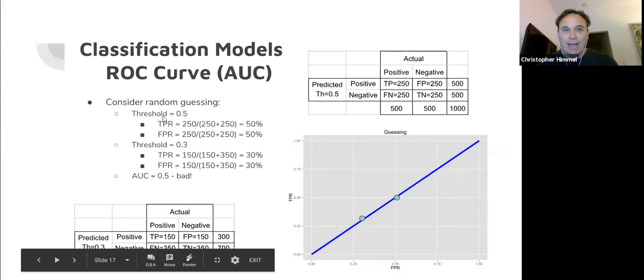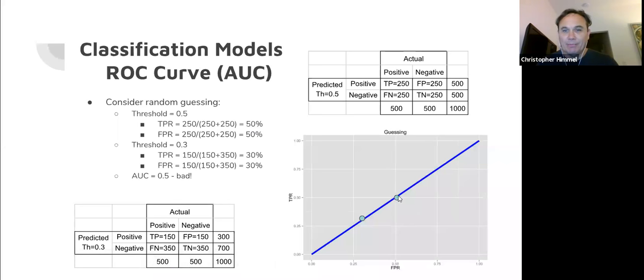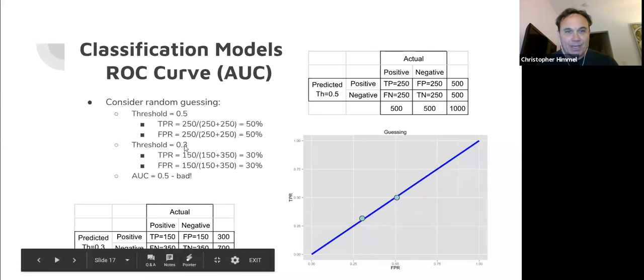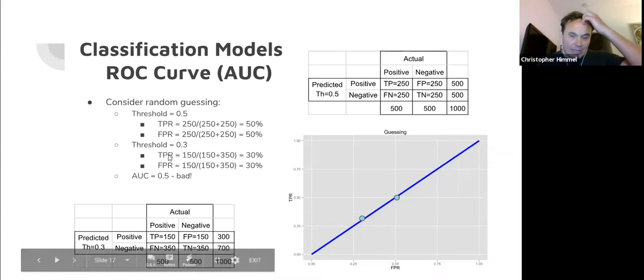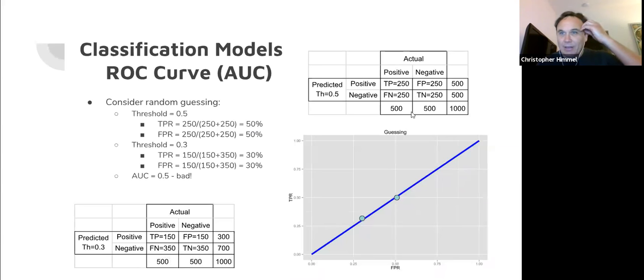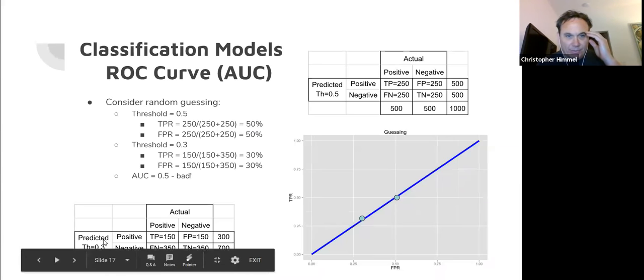That's if I have a threshold, and what you do is you vary the threshold to go from one end to the other. I got 50% right in the middle, 50% by 50%. And if I had a threshold of 0.3, I ended up with 30% and 30%.